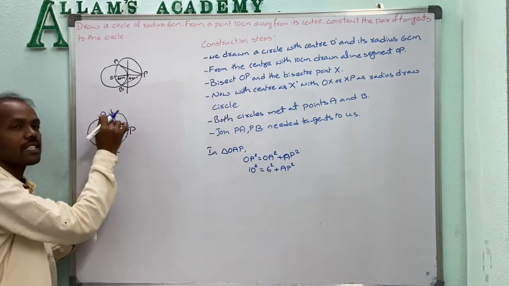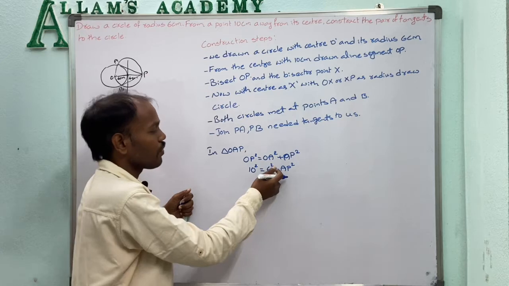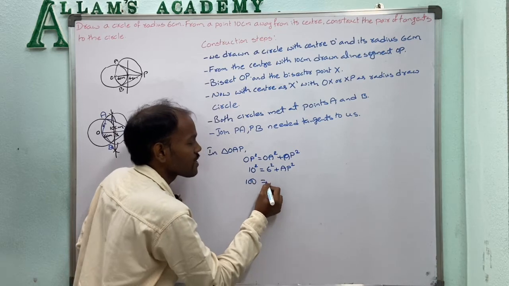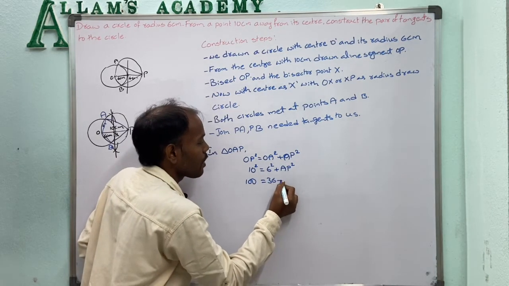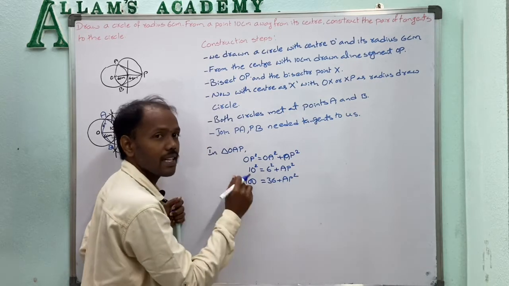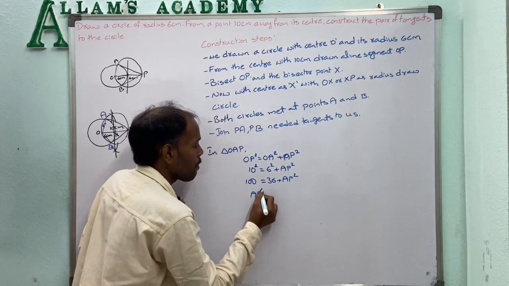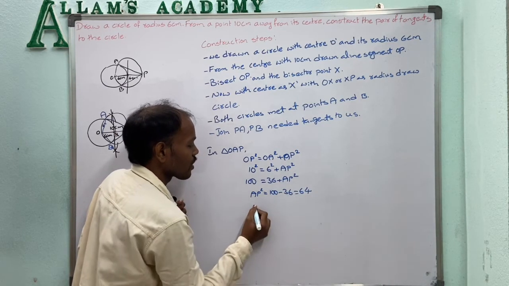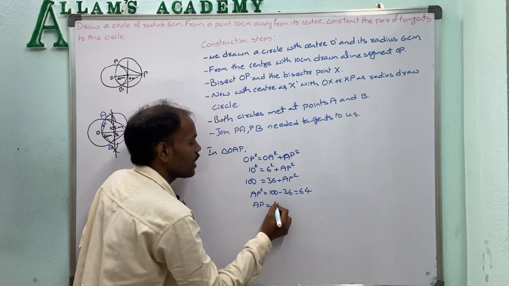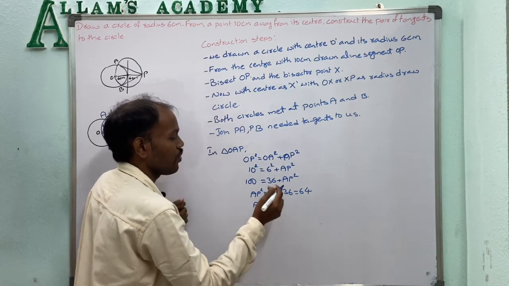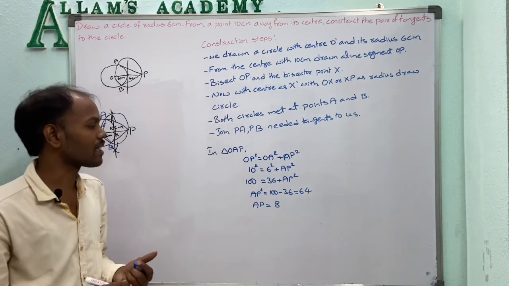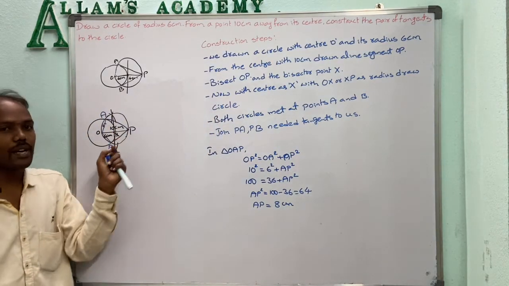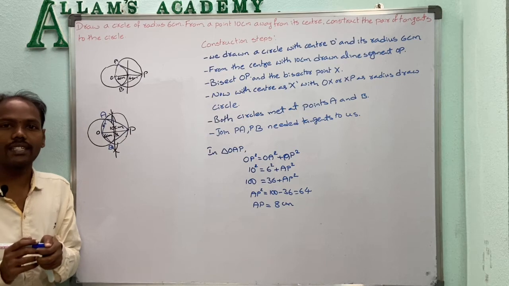Verifying: 100 equals 36 plus AP square. Transferring 36 to this side, 100 minus 36 is 64. AP square equals 64, then AP is root 64, which is 8 centimeters. So if we measure, we get AP length as 8 centimeters.